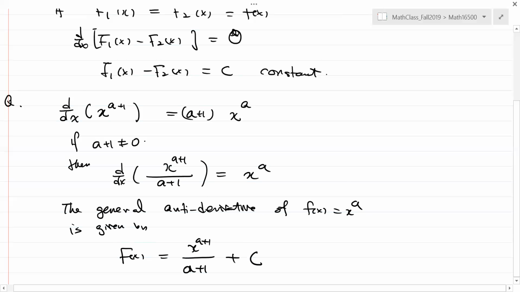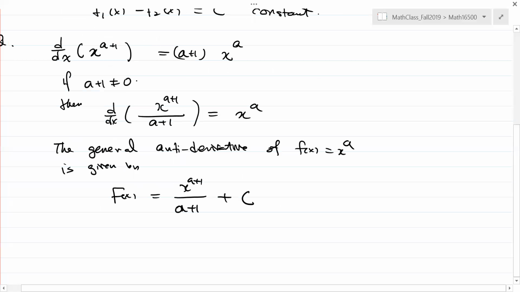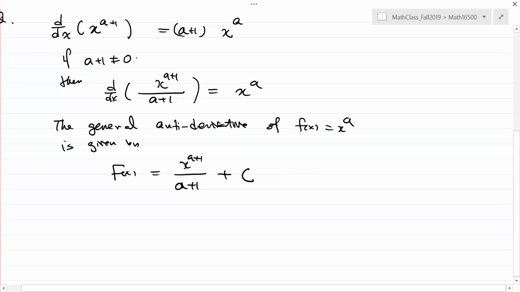So you get all of them. Okay, so that's the answer. So for the antiderivative, you have to increase the power, but meanwhile you have to modify the coefficient. And you can check that if you differentiate, the a plus 1 is gone, right? Then you get the answer.